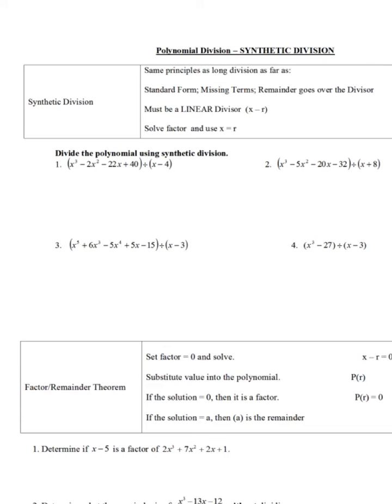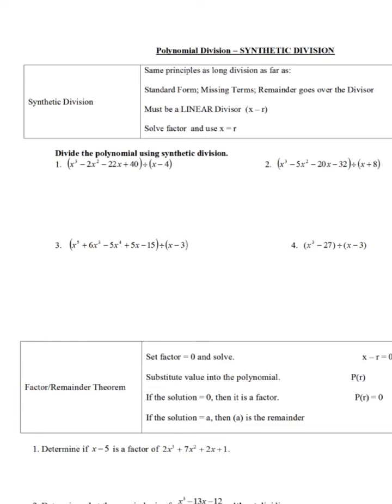Okay, in your notes it tells you that for polynomial division, synthetic division, the same principles as long division apply as far as the dividend has to be in standard form, missing terms need to be marked as zeros, and the remainder goes over the divisor. So those all still are the same, whether you're doing synthetic division or long division.